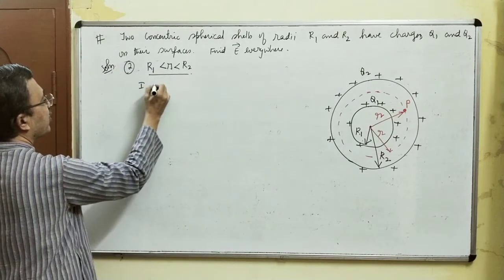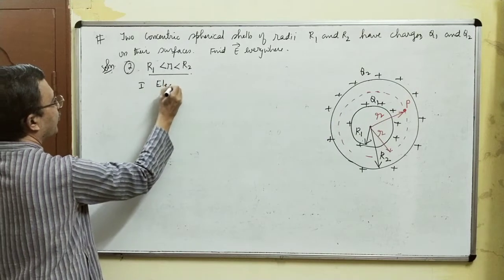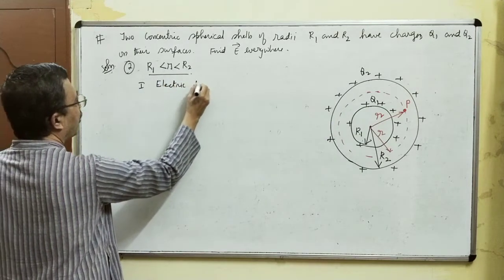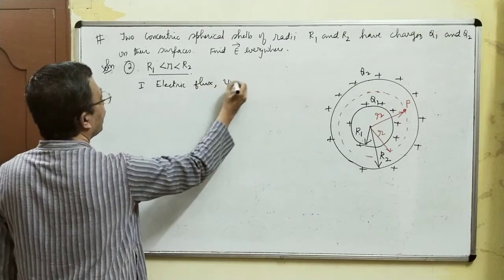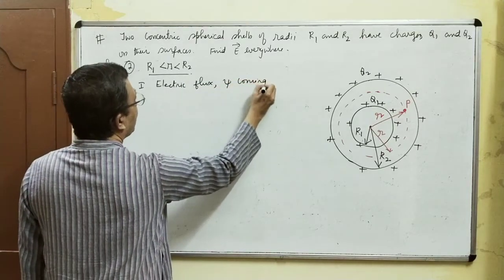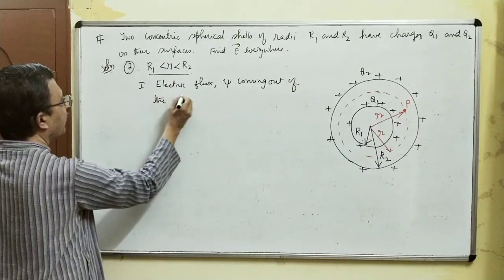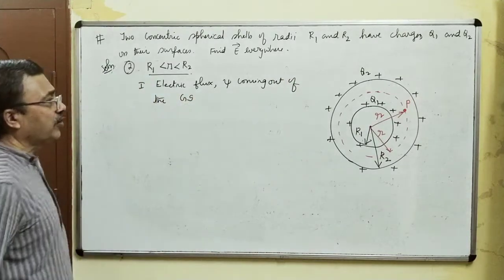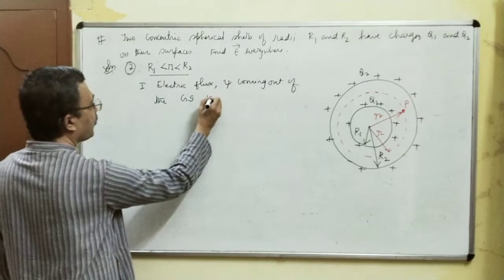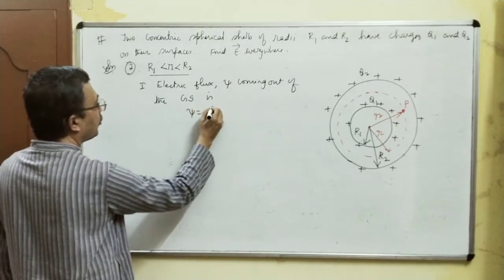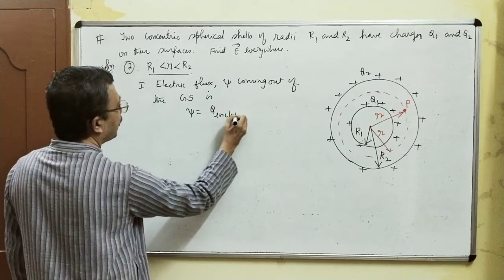Step 1. Electric flux psi coming out of the Gaussian surface. GS is the abbreviation for Gaussian surface. Psi is equal to charge enclosed. What is the charge enclosed?